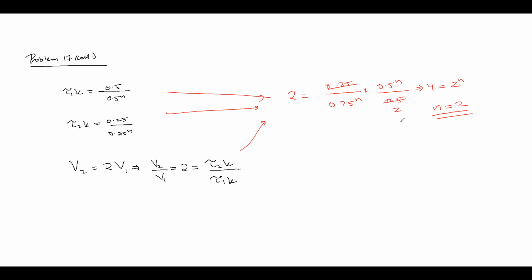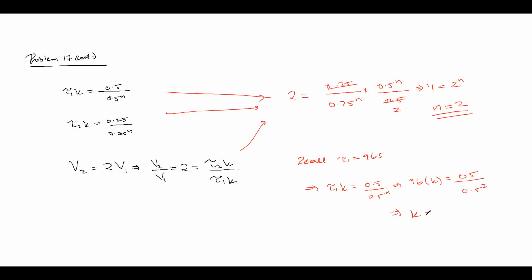And now we need to find k. And you can find k from this expression, actually. You know tau 1 is 96 seconds. So if you recall, tau 1 is equal to 96 seconds. So this implies tau 1k is equal to 0.5 over 0.5 to the n. So 96 into k is equal to 0.5 over 0.5 squared.